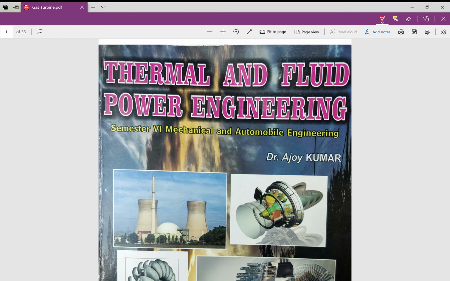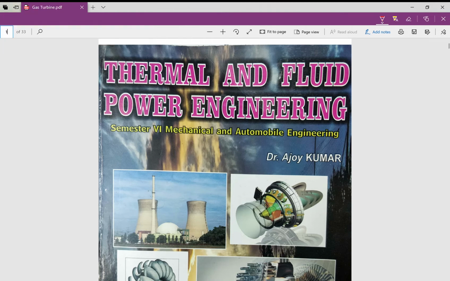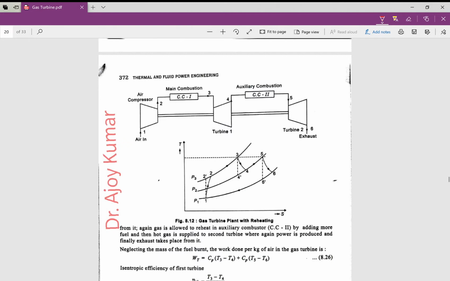In continuation of improvement in gas turbine, the last method is gas turbine plant with reheating. So we will be going to the last method, gas turbine with reheating.